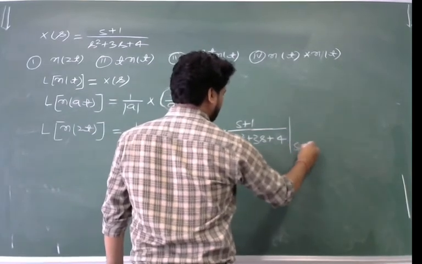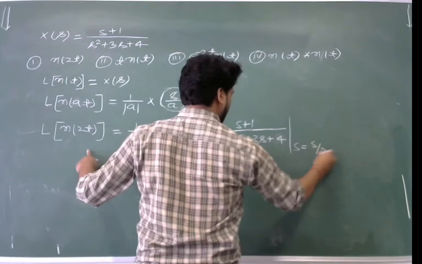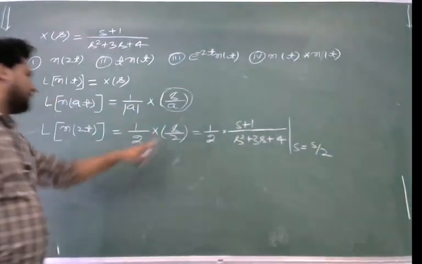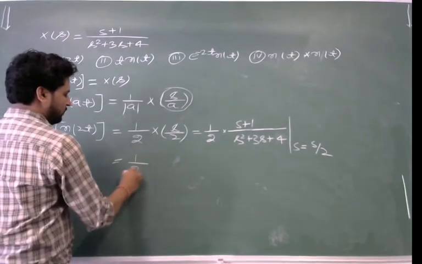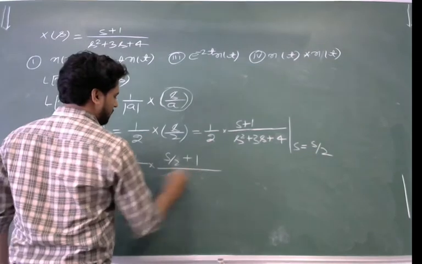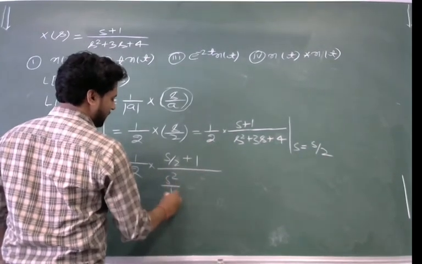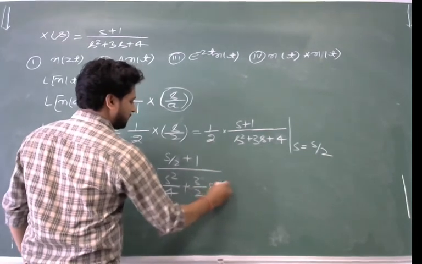at s equal to s/2. In place of s, I will put s/2. So this will become 1/2 into (s/2 + 1) upon (s²/4 + 3/2 s + 4).